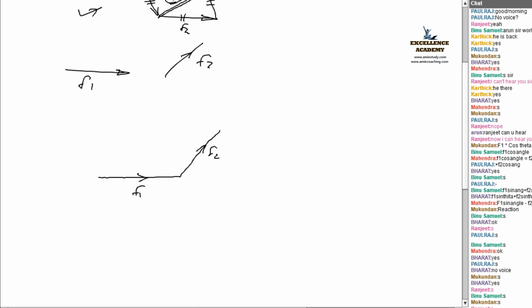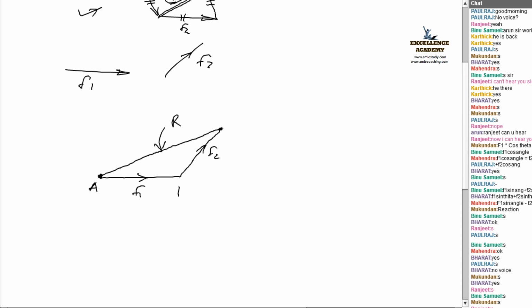Then I have to join these two endpoints to make it a triangle. So I join it by means of a line. That will give you the resultant.